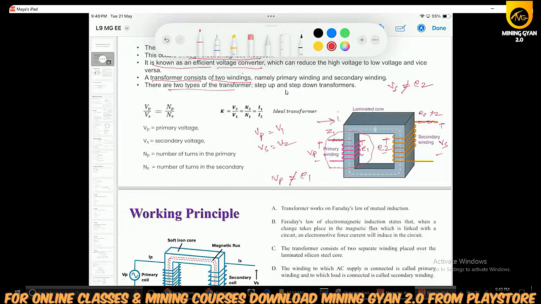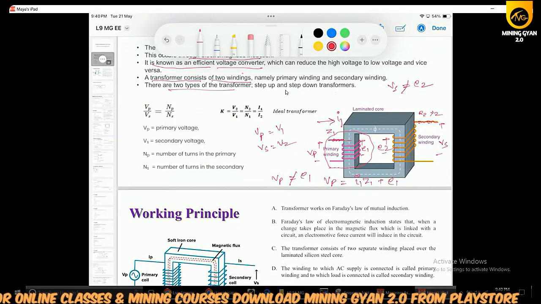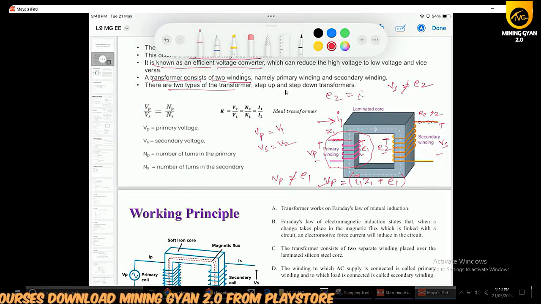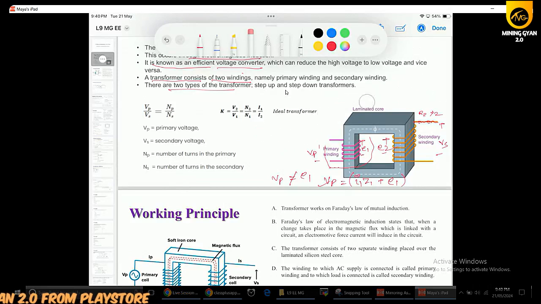If I1 is flowing in this direction, Vp will be equal to I1 Z1 plus E1, the sum of these voltages equals the applied voltage, and here E2 will be equal to I2 Z2 plus Vs. So these are the equations.